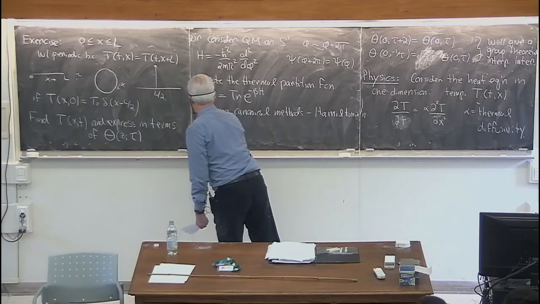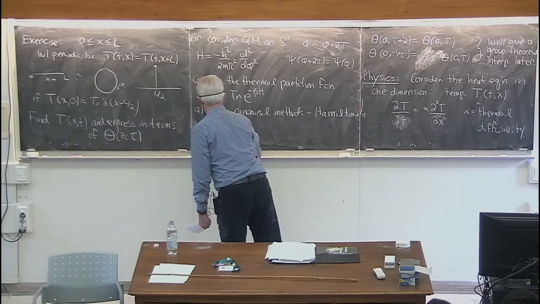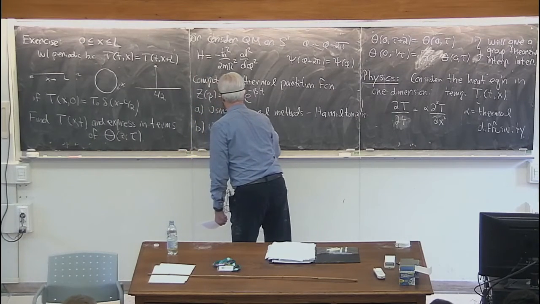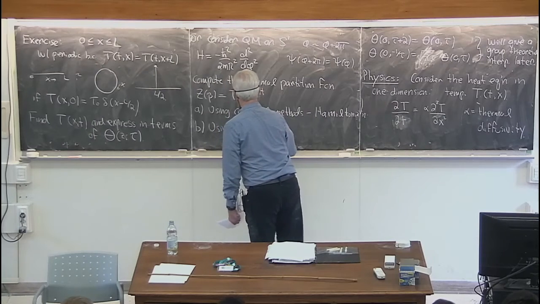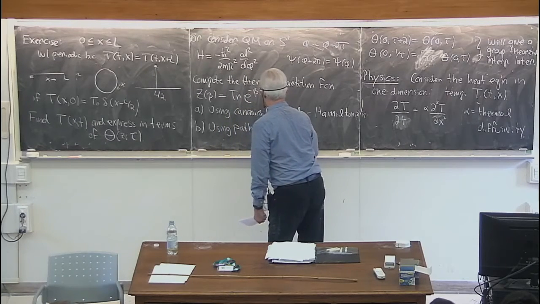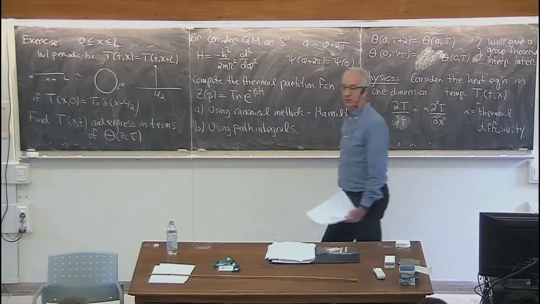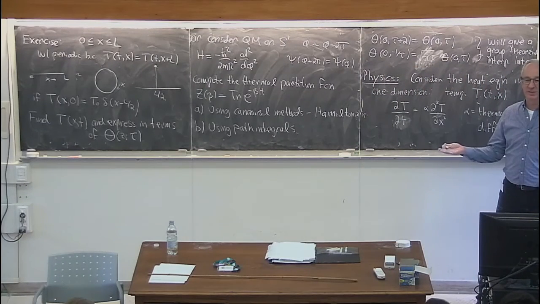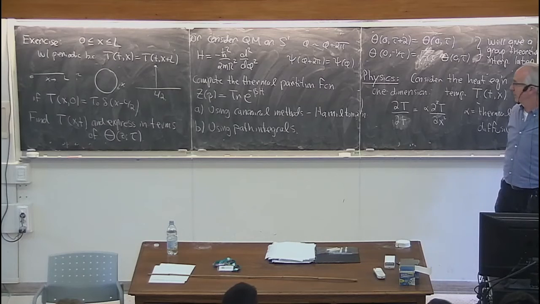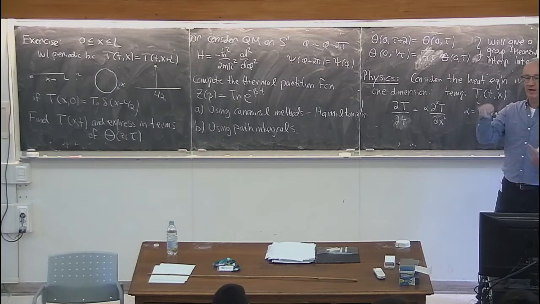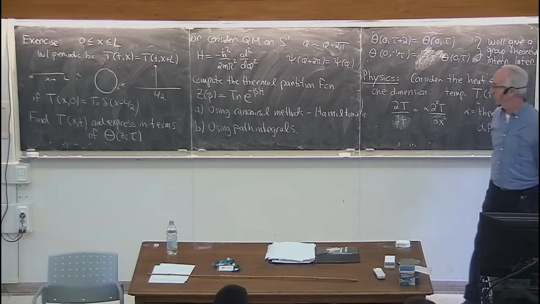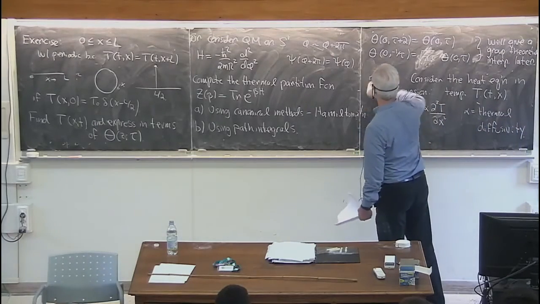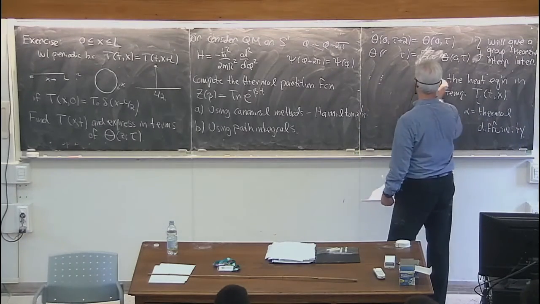Or B, using path integrals. This is one of the simplest non-trivial path integrals you can do in quantum mechanics. It's just a free system. There's no potential. It just has a kinetic energy term. But you have to keep track of the fact that paths can wind around the circle when you sum over all paths.